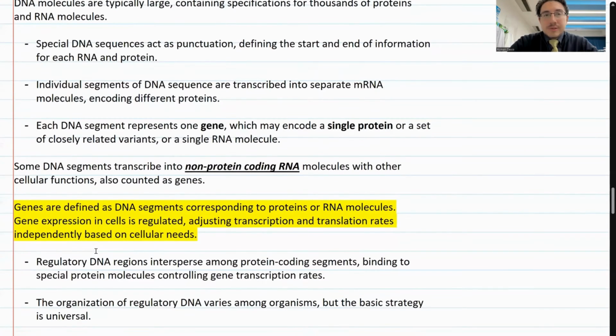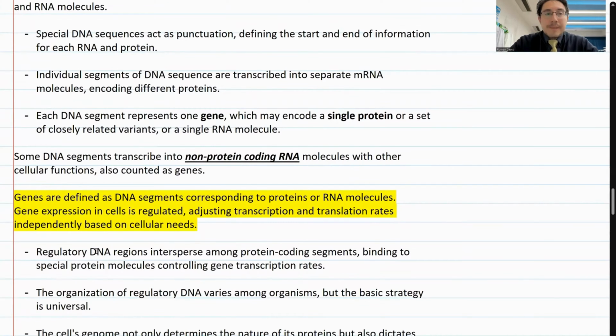As we get into the later chapters, specific DNA sequences are very defined. There's a starting point and an end point for any protein or RNA molecule that needs to be made, so they're very specific in that sense.